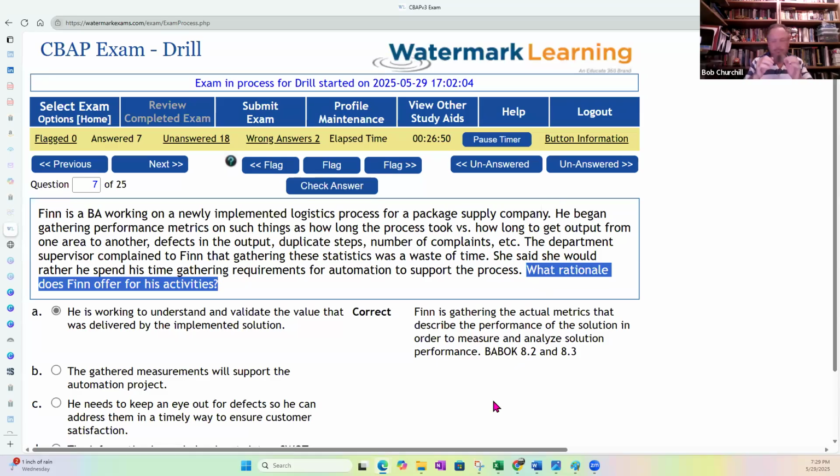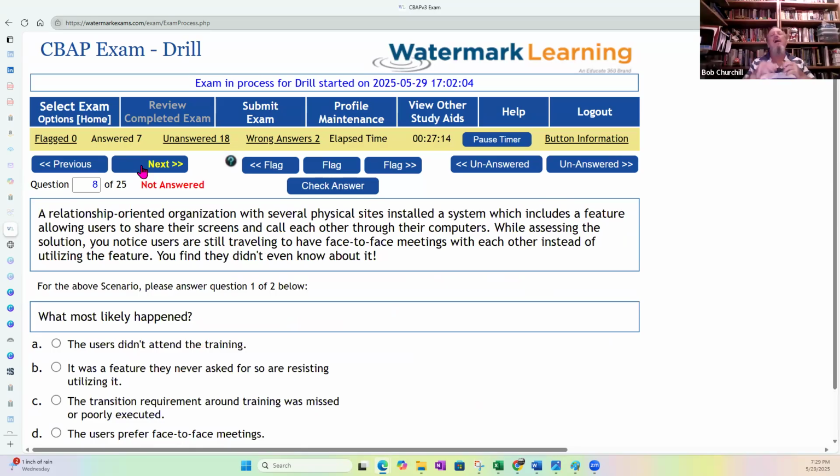You're answering these questions on two or three levels. One is what's in the BABOK. Two is the logic of the question and the situation in the story. The material in this stuff isn't really that hard.